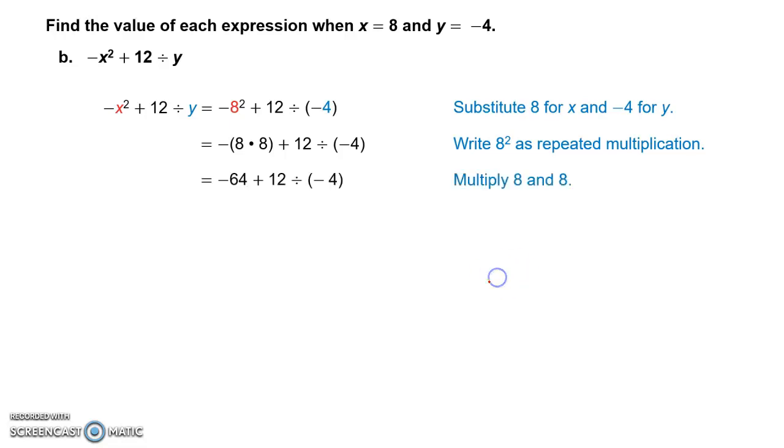So we do 64, and now we do the division next, not the addition. So 12 divided by -4 is -3. And then -64 plus -3, two negatives you add and keep the negative sign. So we get a -67.